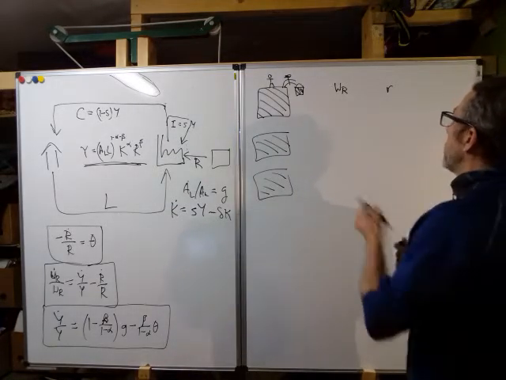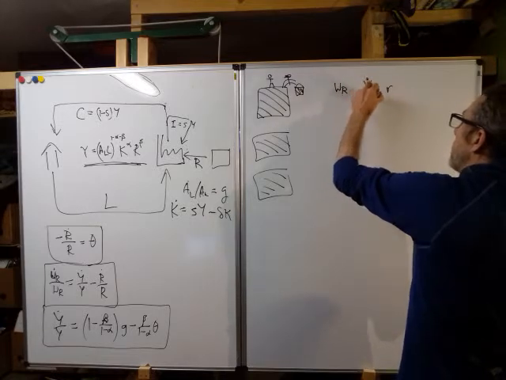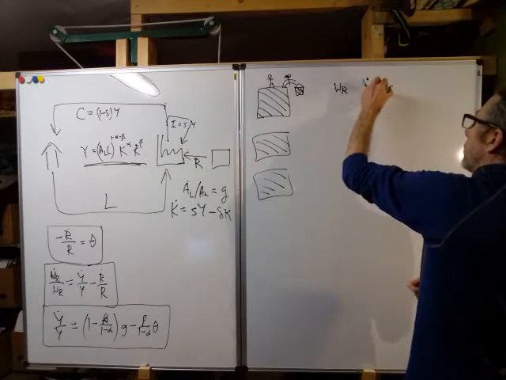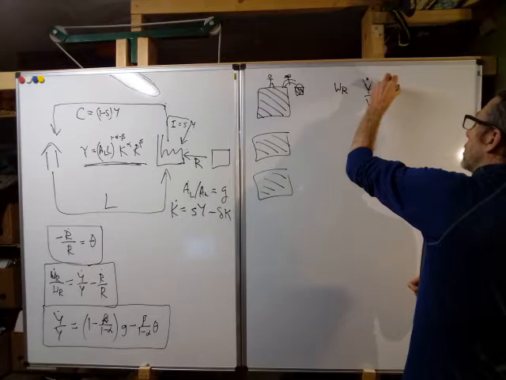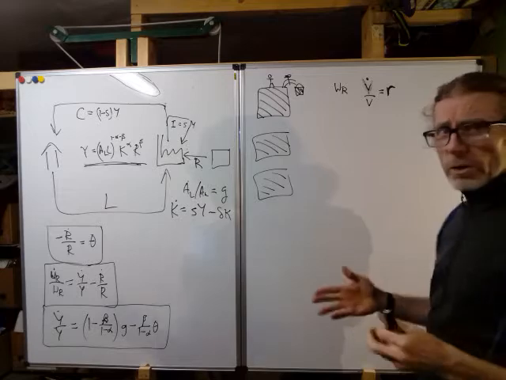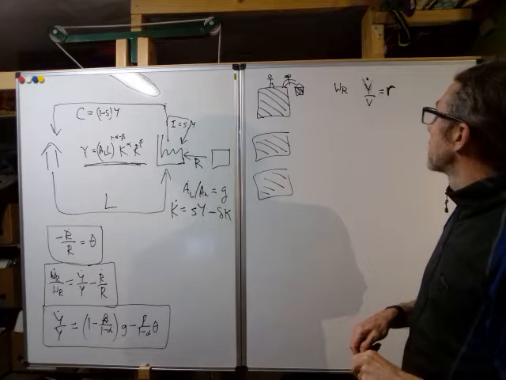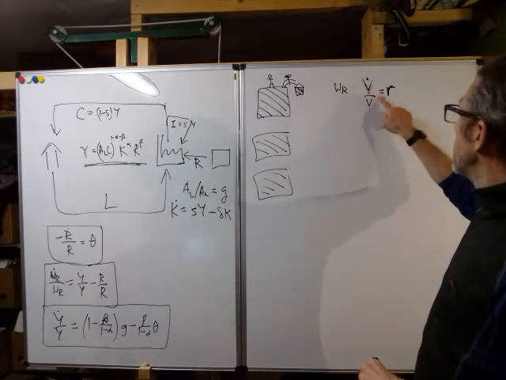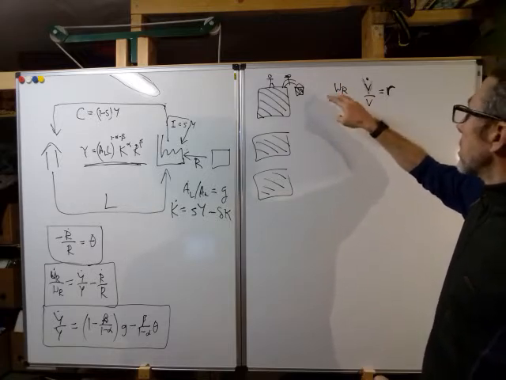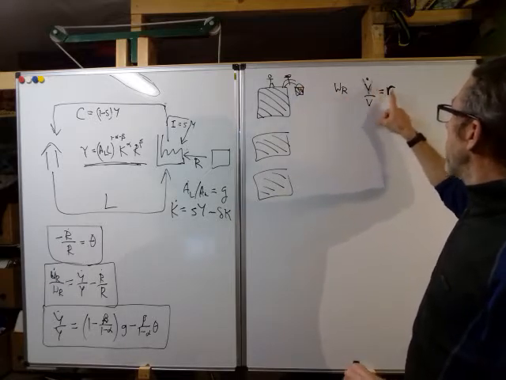So if we call our wealth V, the current value of our assets, then V dot over V will be r, if we take a unit of resource, sell it and put the money in the bank.